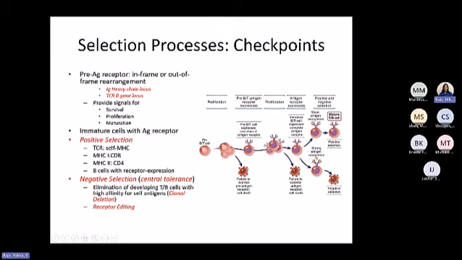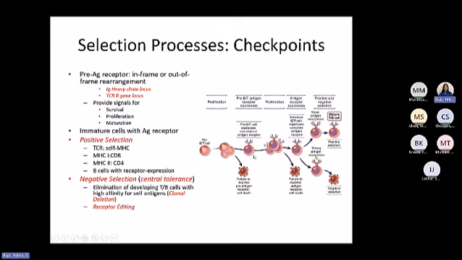These cells have to show that this pre-antigen receptor on their surface is able to send a signal downstream. If that signal goes through, then it provides signal for this cell to survive, proliferate further, and mature. If these cells cannot show that their signaling can go through this pre-antigen receptor, then they will undergo cell death. That's a checkpoint.